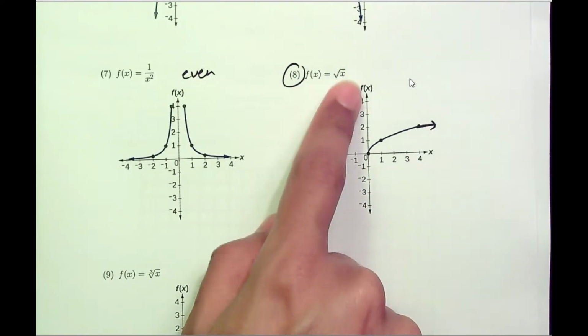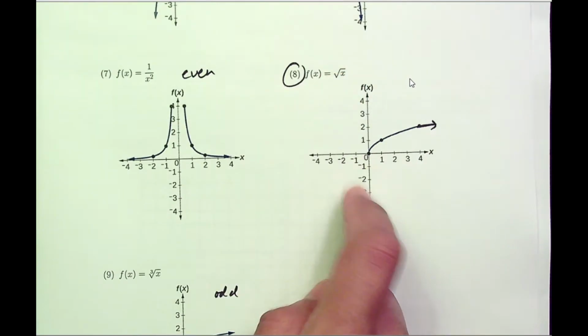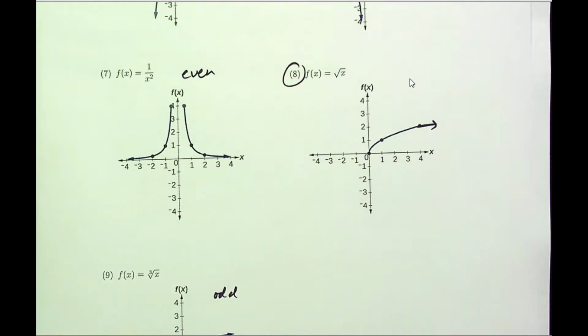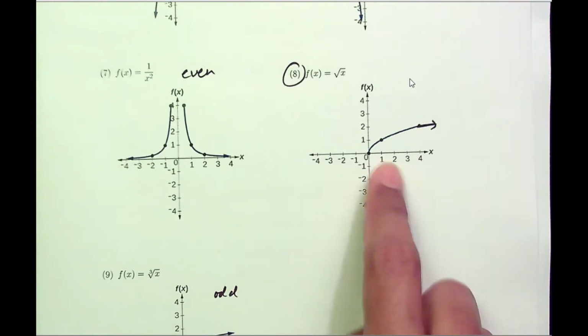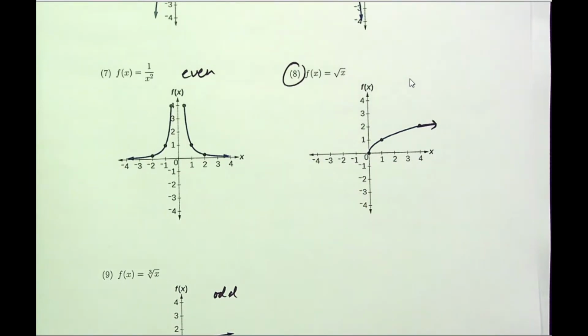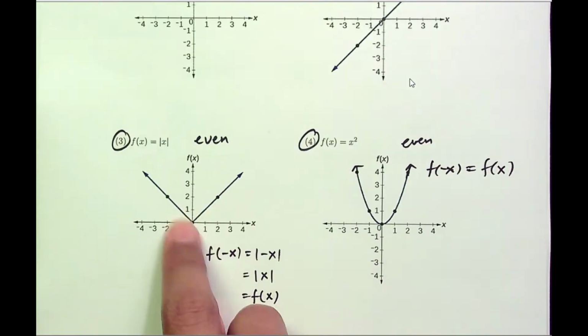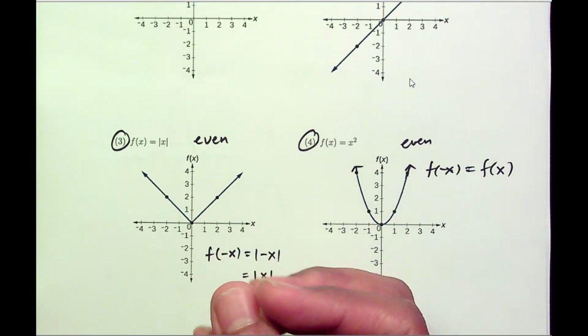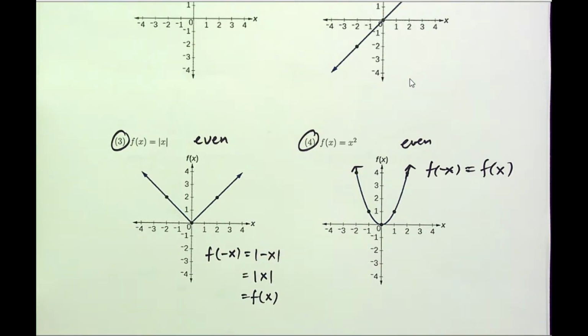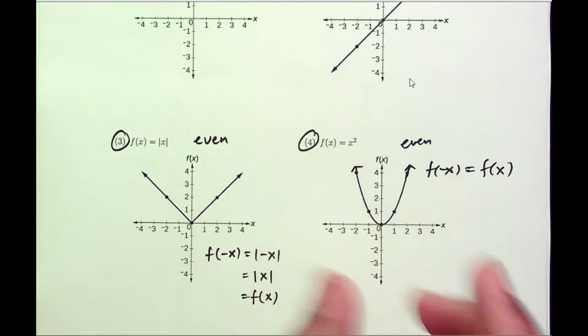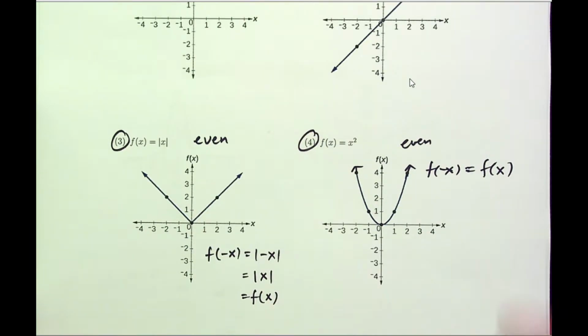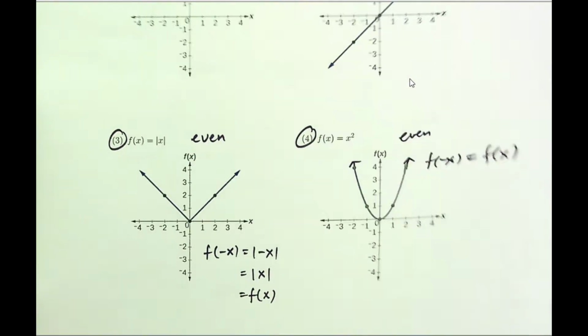And then we're going to modify it a little bit and see if we can graph it without too much work, just starting with the basic or parent function. So if you know the basic shape without modifications, then we should be able to take that one and modify it a little bit and make the new graph of the new altered or modified function. So that's the whole deal.